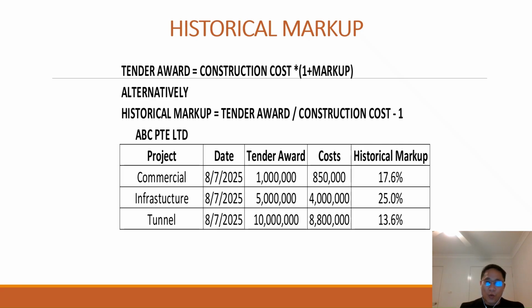In case we are working for the client, we can also use this formula to work out our historical markup, so that in the future we can analyze whether contractors, tenderers submitted reasonable tender prices or not.